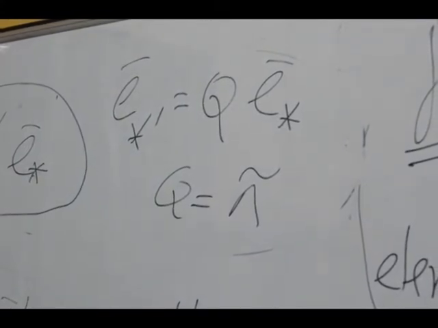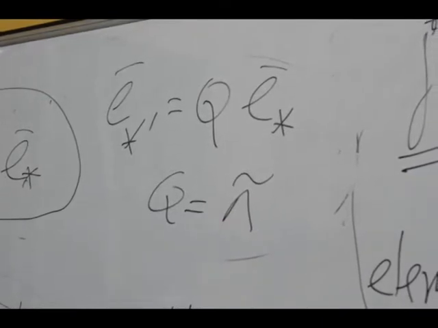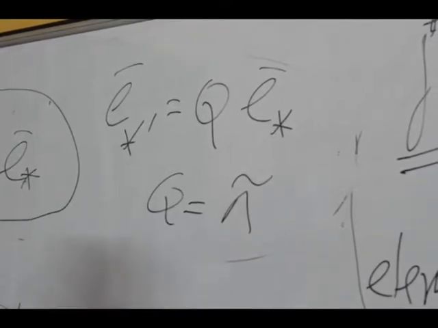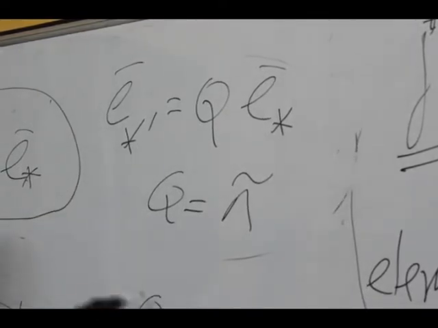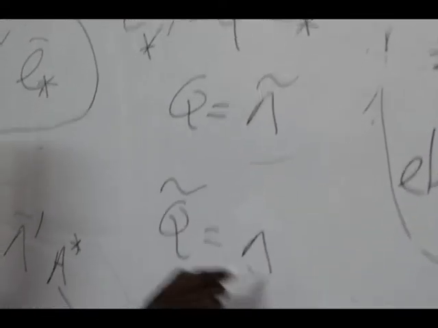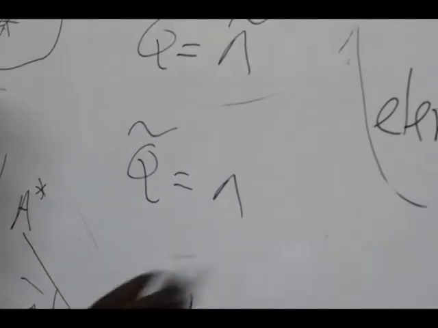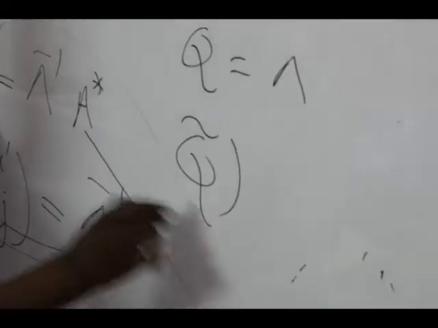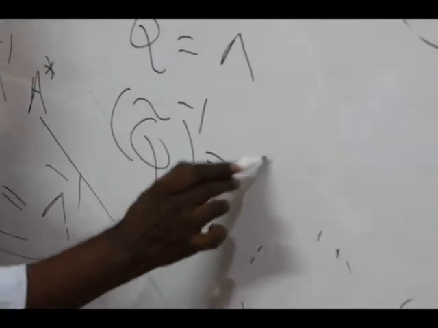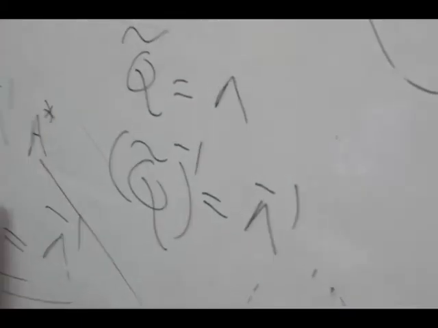Then what shall be the matrix inverse? This fellow, lambda inverse. Now take the inverse on both sides. Say Q transpose is equal to lambda. Then take the inverse of lambda, so Q transpose inverse equals lambda inverse. Q transpose inverse is equal to lambda inverse.